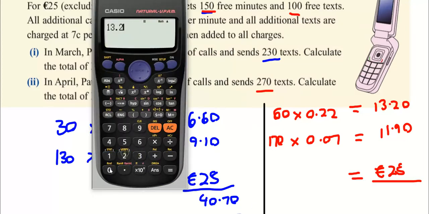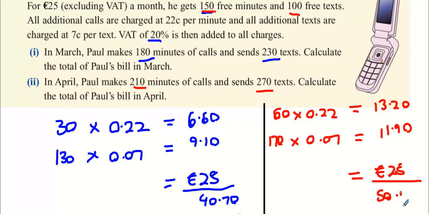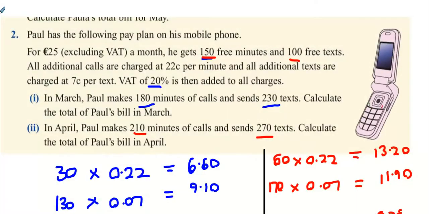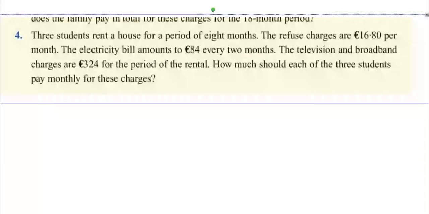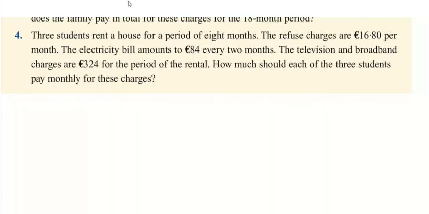So €13.20 plus €11.90 plus 25 equals €50.10. Okay, so that's question 2 done. Now we're on to question 4.